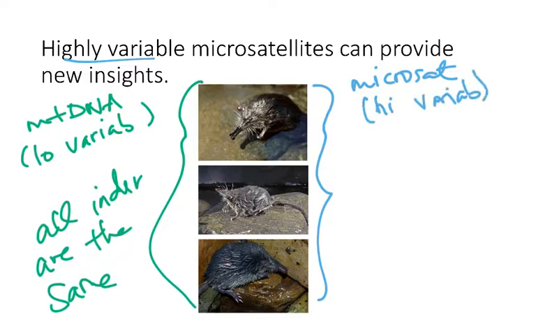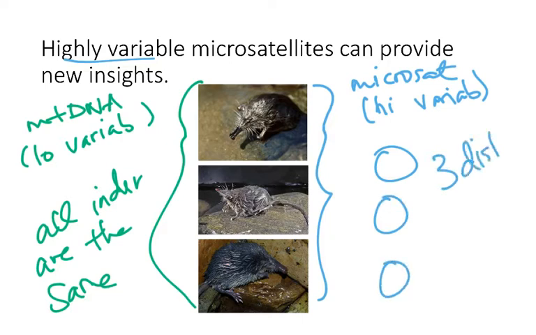That high variability is good because it allows us to differentiate better between individuals. When they studied these same individuals, same populations, using microsatellites instead of mitochondrial DNA, they found that there were 3 distinct populations of these animals in different geographic regions. And they were only able to identify that because of the really high variability of these microsatellite markers.